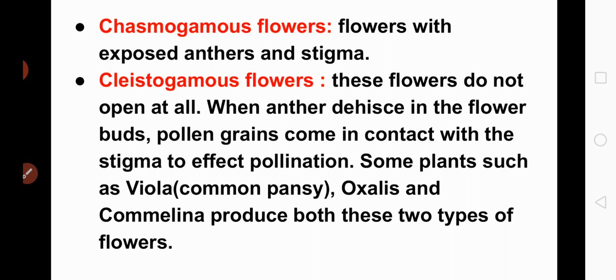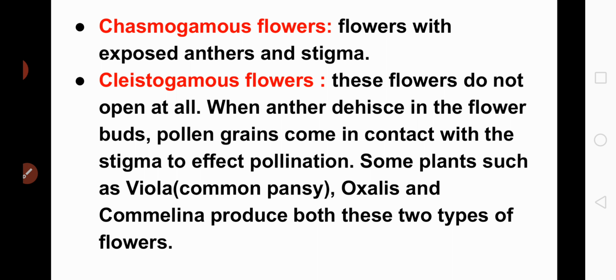Whereas cleistogamous flowers are flowers that do not open at all, and when the anther dehisces in the flower buds, the pollen grains come in contact with the stigma to effect pollination.